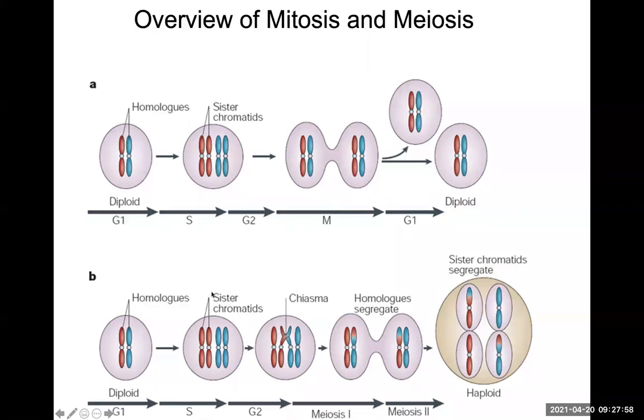Okay, so now I'm just going to do a quick overview of mitosis, because in order to understand meiosis, you have to have a really good handle on mitosis. This is a great opportunity, after we finish going through this, if you want to ask me any questions on mitosis and meiosis, I absolutely welcome you to do this.